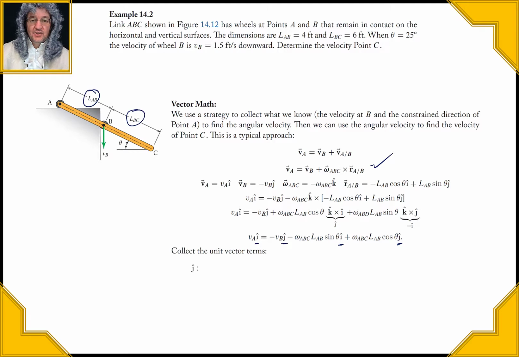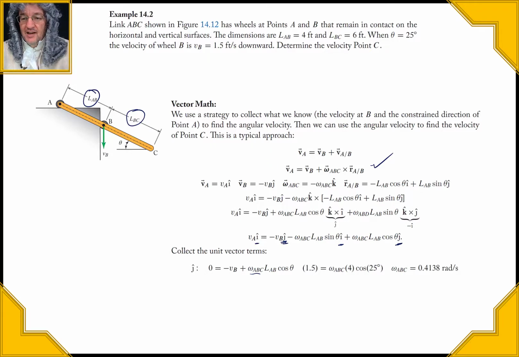So I collect the unit terms. A lot of times you might want to do the i first, but then you'll find that you can't find what you want because you still need to know the omega. What's key here is that in the j direction we only have two terms, this one and this one, so we're able to find this omega, which is the unknown. We plug in the numbers, and we find that omega_ABC is 0.4138 radians per second.